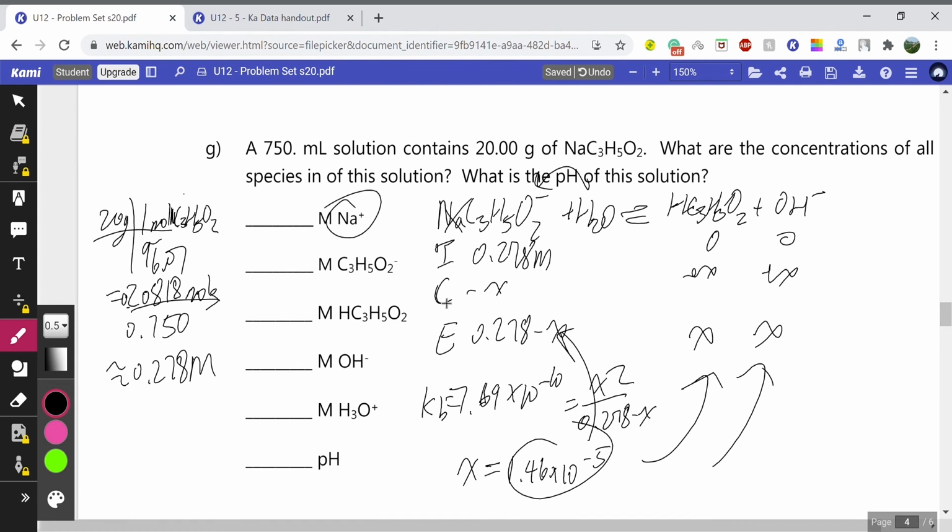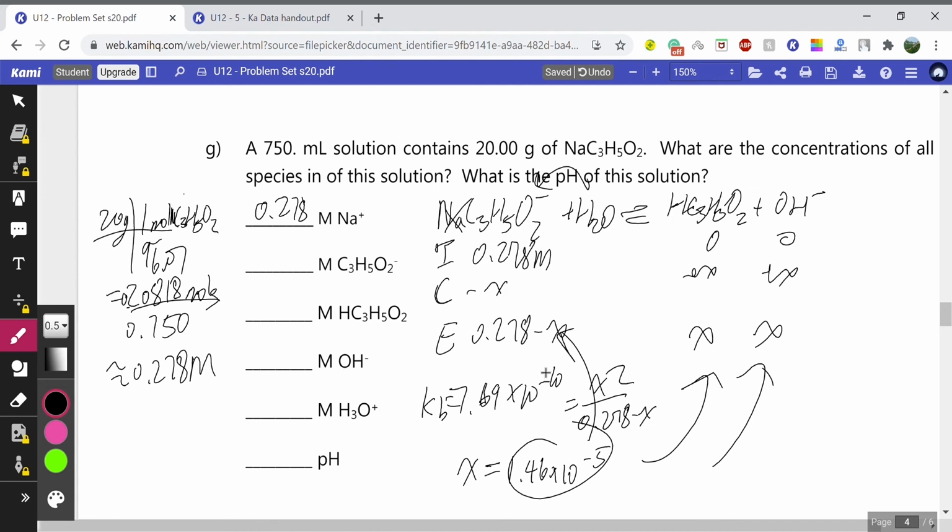So what is the molarity for Na? Well, Na does not undergo hydrolysis, and it basically acts as a spectator ion. So however much we start with is however much we end with. We start with 0.278, so we end with 0.278. The molarity of C3H5O2 minus started with 0.278 and ended with 0.278 minus x.